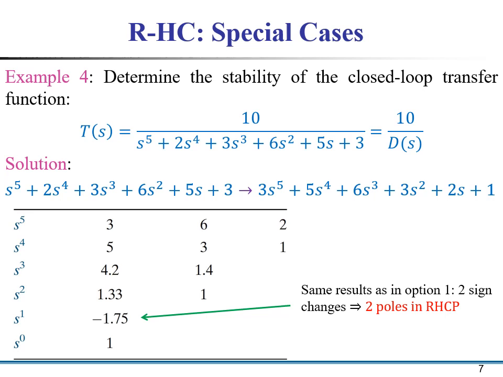So the result of this one and this one is the same. These two methods can be used, but in some cases even when you reverse the coefficients, it may generate a 0 over here. So it is better to know both of the techniques.